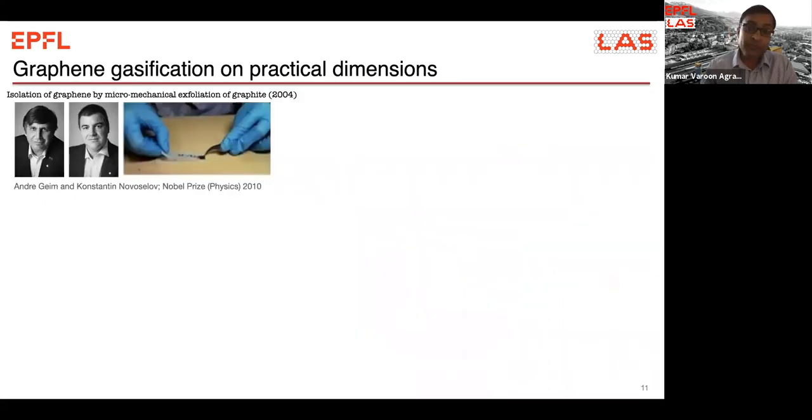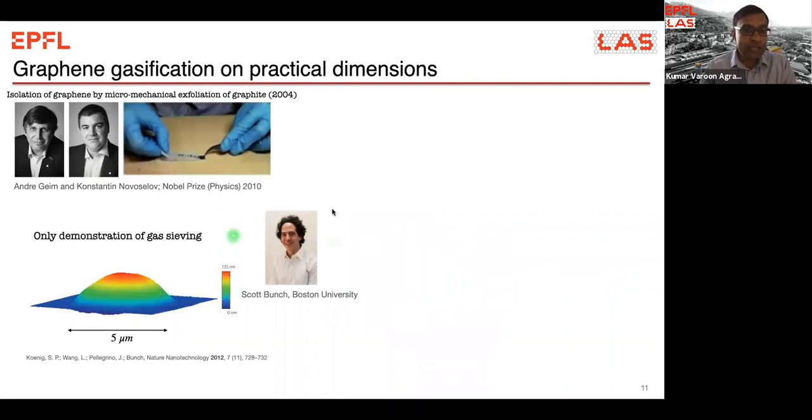There has been some work where they have seen size sieving. Of course, this started with the micromechanical exfoliation work, for which Geim and Novoselov got the Nobel Prize in Physics. Taking this approach, Scott Bunch at Boston University was able to deposit a 5 micron sized graphene onto a chamber, and graphene seals this chamber.